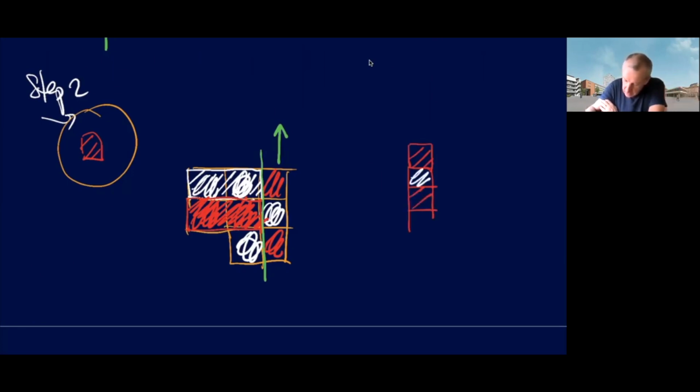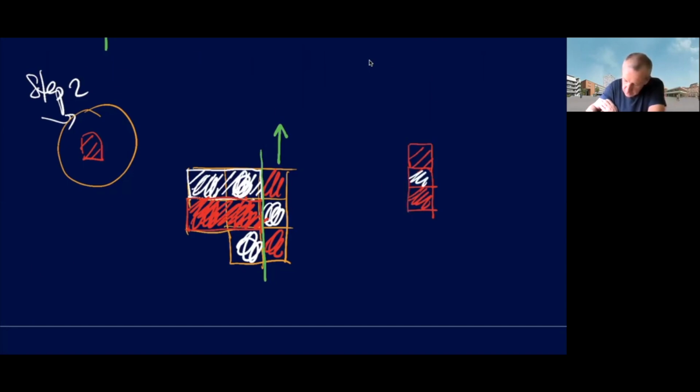And then this will be white here, red here. This has to go away.